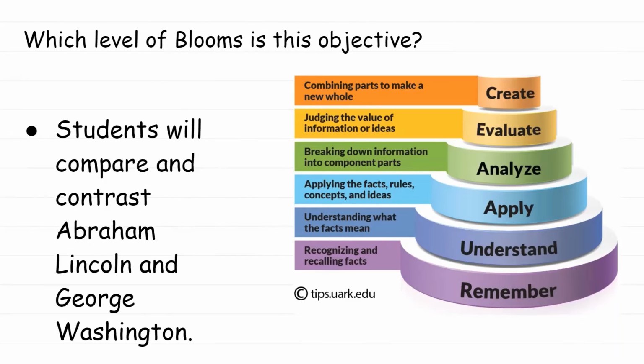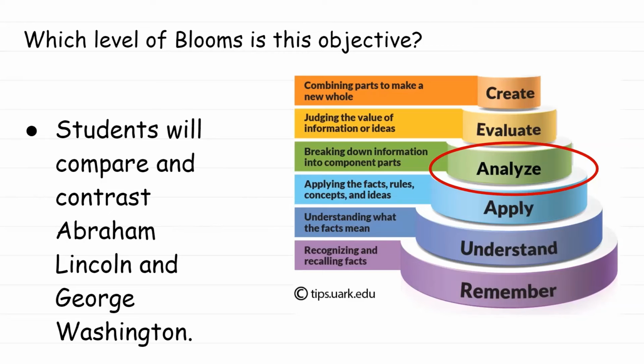Okay, the next objective is students will compare and contrast Abraham Lincoln and George Washington. So go ahead and pause and think, what level of Bloom's is this? Okay, so this is analyze. So students are taking one person, Abraham Lincoln, and then they are comparing them to George Washington.